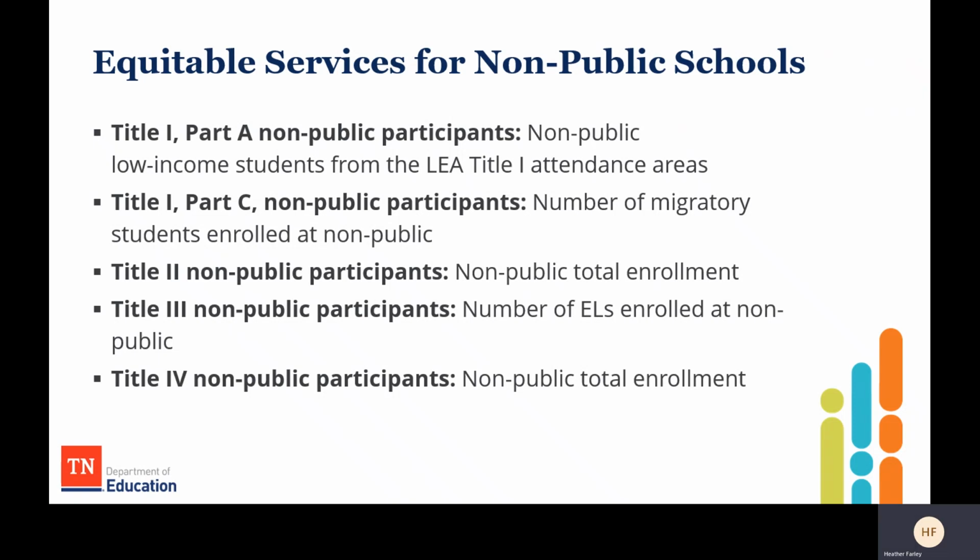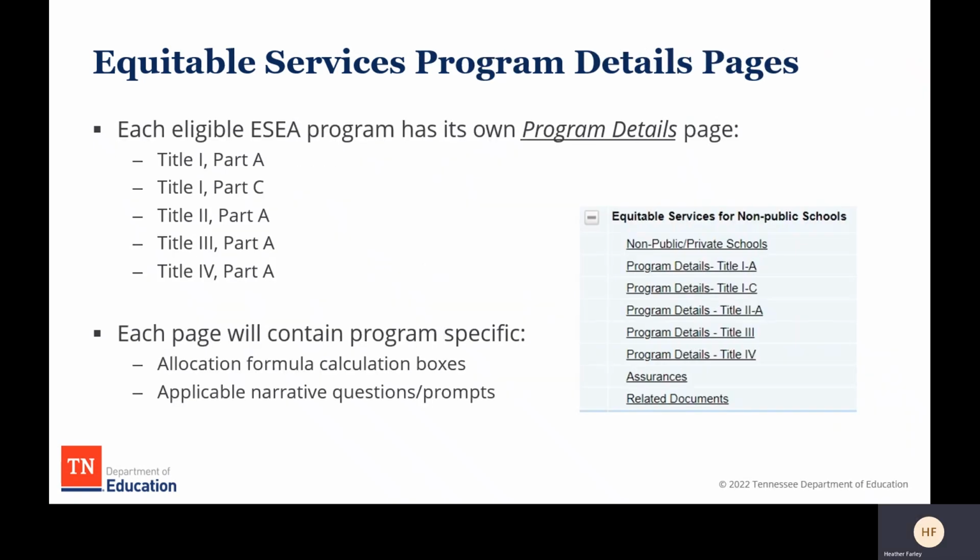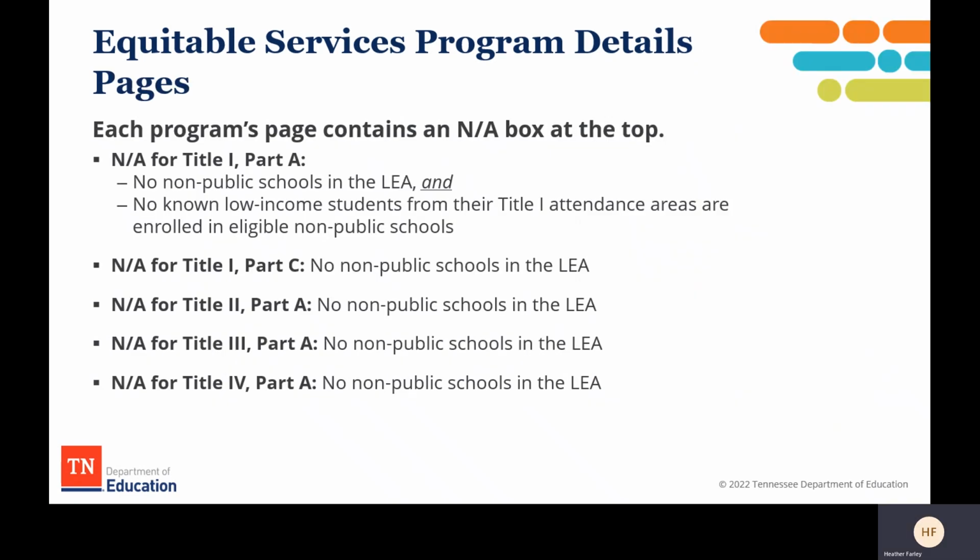And for Title II, it would be the non-public total enrollment. Please remember that each ESEA program has its own program details page. Therefore, if it is not applicable for your LEA, you will have to go to each program details page for those that are not applicable and select that.